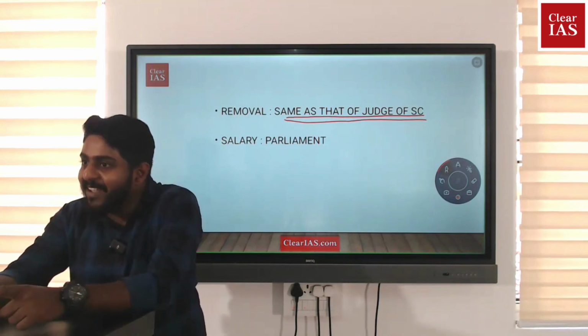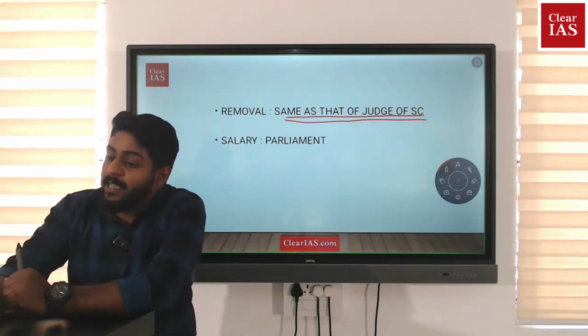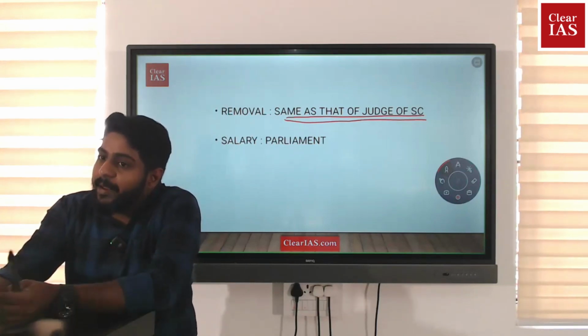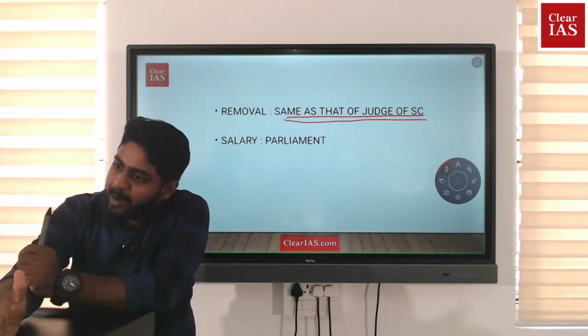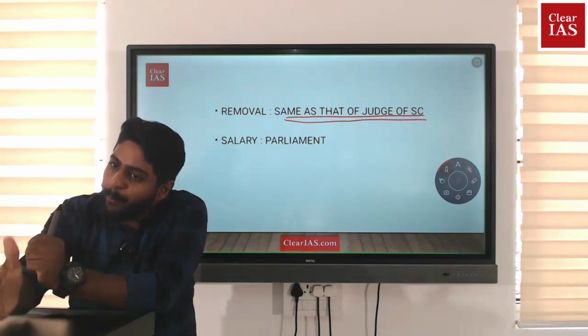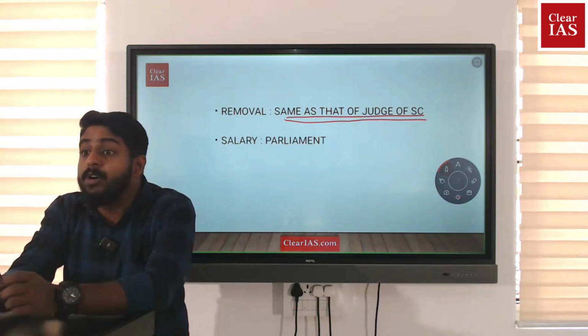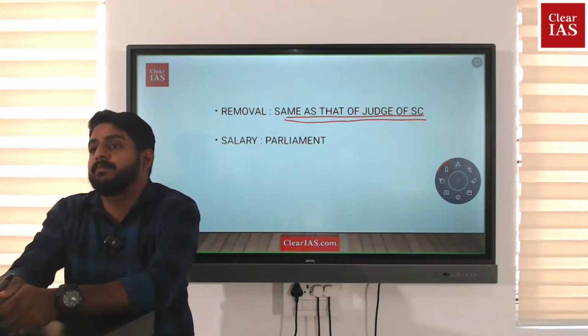Is it exactly the same way? No. So what you need to say is that the judges of the Supreme Court shall be removed by the President of India on the recommendation of the Parliament. It is only on the recommendation of the Parliament that the President can remove.